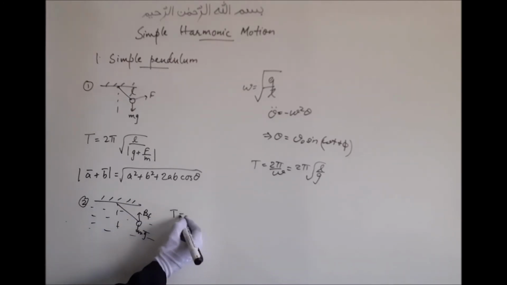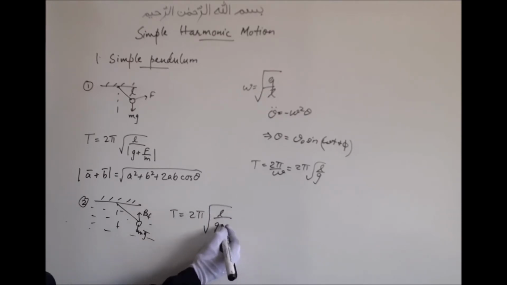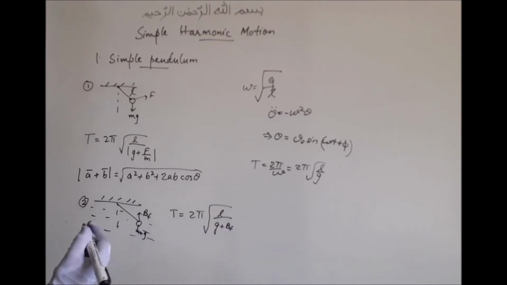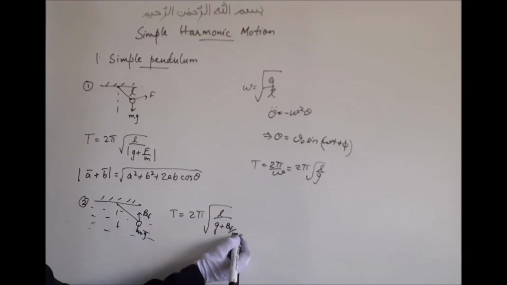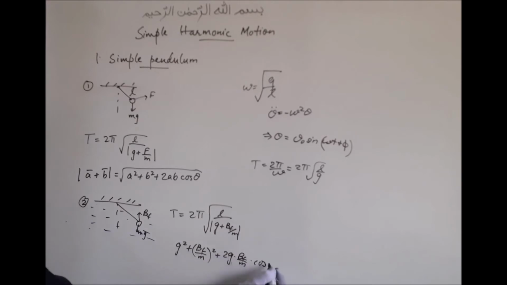Then again time period is going to be 2 pi root of L by, same thing, G plus buoyant force Bf, right? So Bf divided by the mass, the magnitude of this term, that is nothing but root of G squared plus Bf upon m the whole squared plus 2G into Bf upon m into cos pi.